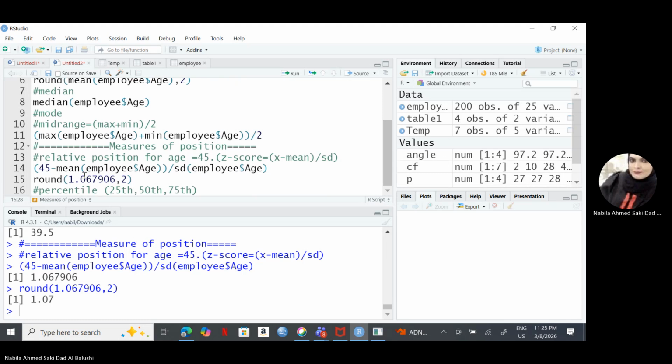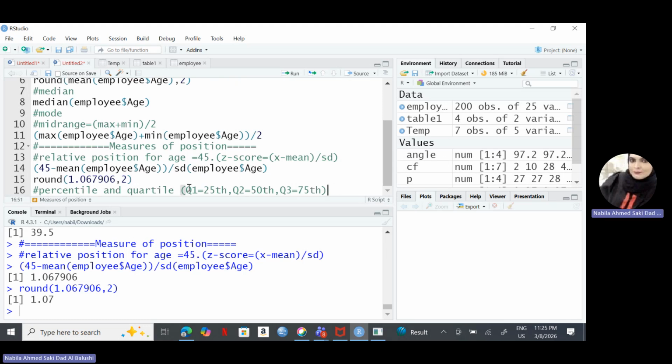So when you say Q1, it's the same as the 25th percentile, and Q2 is the same as the 50th percentile or the median, and Q3 is known as the 75th percentile.